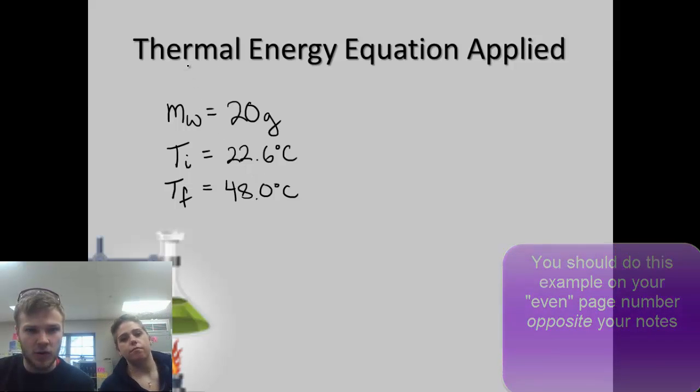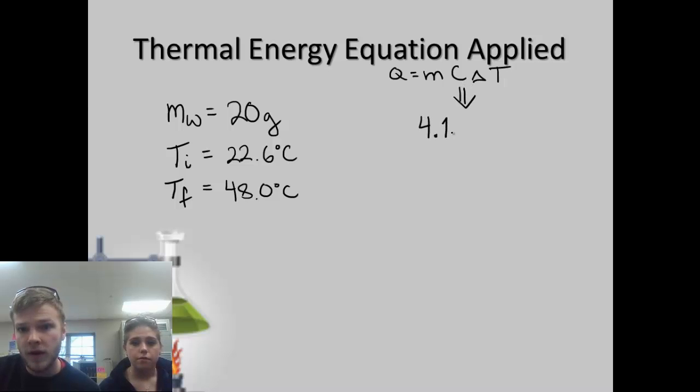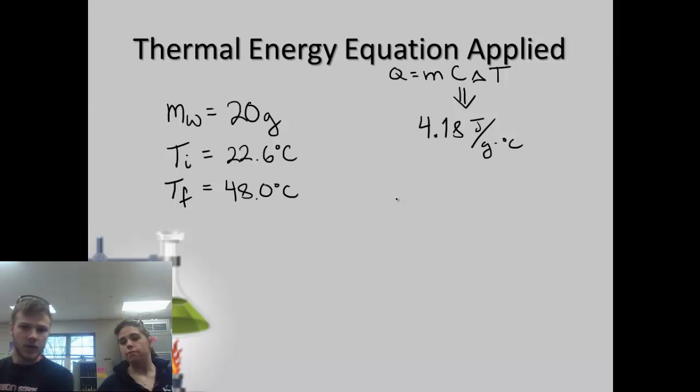If we think back to our thermal energy equation, it was Q equals MC delta T. So we need C, and remember C for water is 4.18 joules per gram degrees Celsius. Let's see how much heat was absorbed, meaning endothermic, taken in by our water.